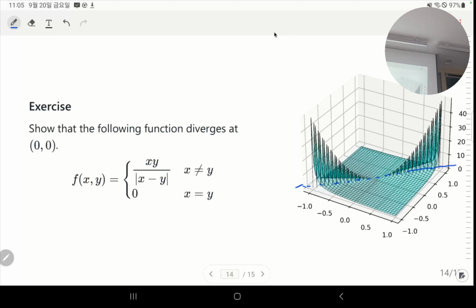Now, I don't care about points other than (0, 0). What's going on at (0, 0)? Does it look continuous? Sometimes you can see that, yes, because even if it's divergent, when I approach 0, the steepness or the size of this divergent number is decreasing to 0.